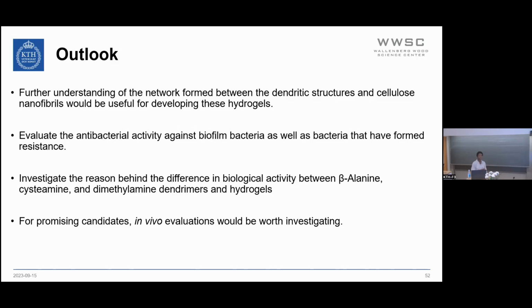These are much harder bacteria to tackle, as well as bacteria that have formed a resistance. And again, the difference between beta-alanine, cysteamine, and dimethylamine: yes, they're all different ammonium groups, but how are they interacting with our biological membranes? That would be very interesting for further development. And also, for the promising candidates, to go further into animal studies.